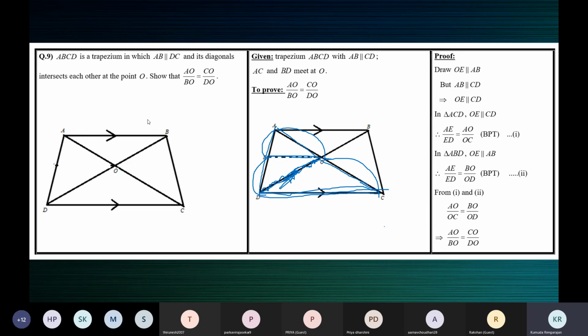Even for BPT, you will have questions like this.